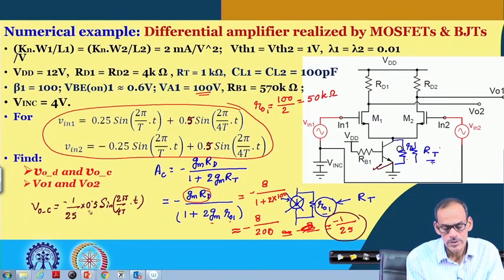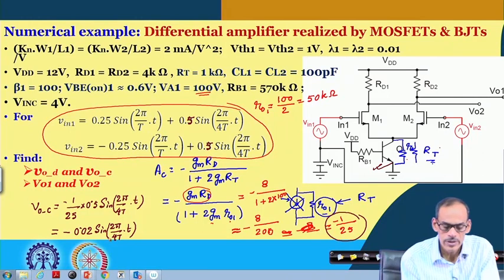In fact, that gives us a very small common mode, this is 0.02 sin 2 pi by 4T into t.